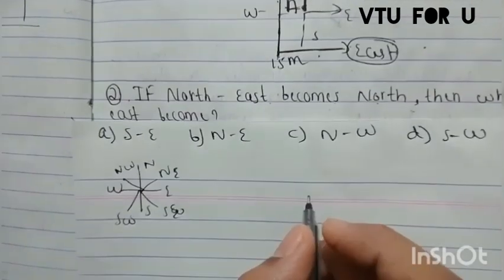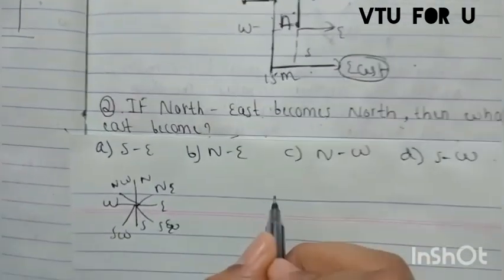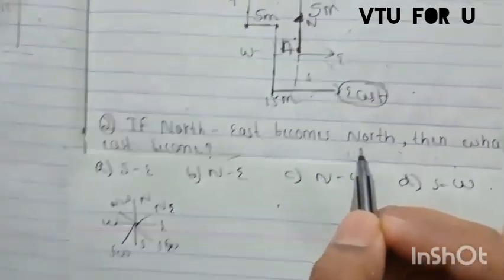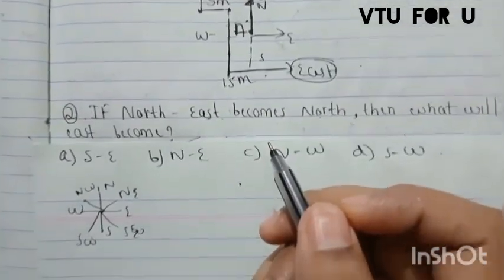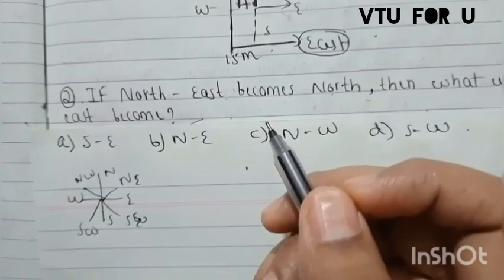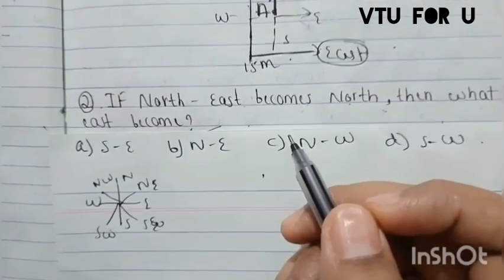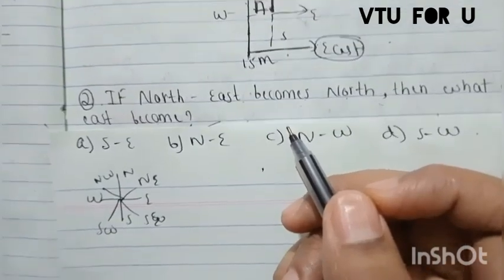Then they are telling, if northeast becomes north, then what will east become? This is the assuming type of question. You have to consider northeast as north.